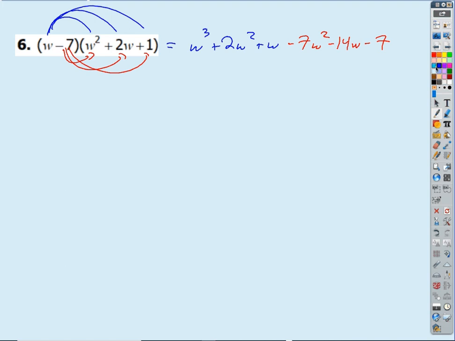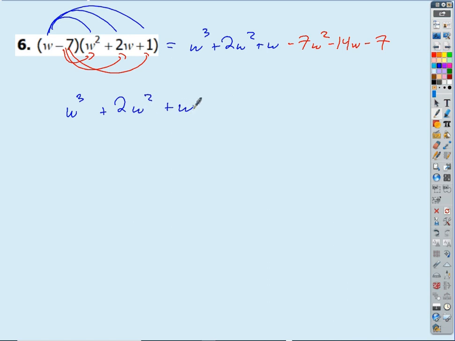Oh, okay, good. Because if I take the degree of each polynomial, I could add up those degrees, because the biggest power I'm going to get of w's is always going to be when I take the leading term times the leading term, right? So a first degree times a second degree is going to give me a third degree, right? Okay, so when I make this distribution, I always want these to start off in standard form. I'm going to get my w cubed plus 2w squared plus w.